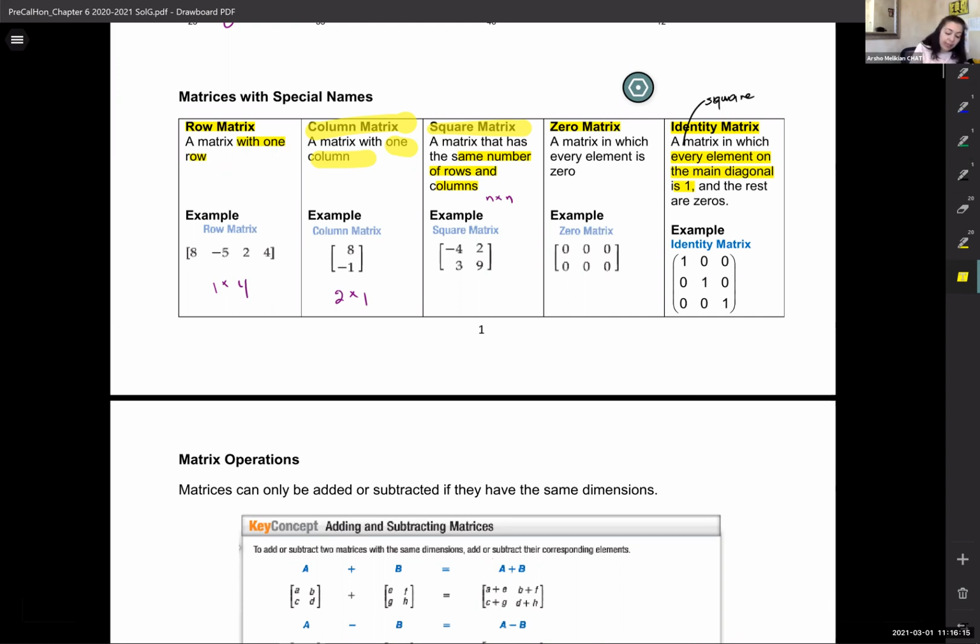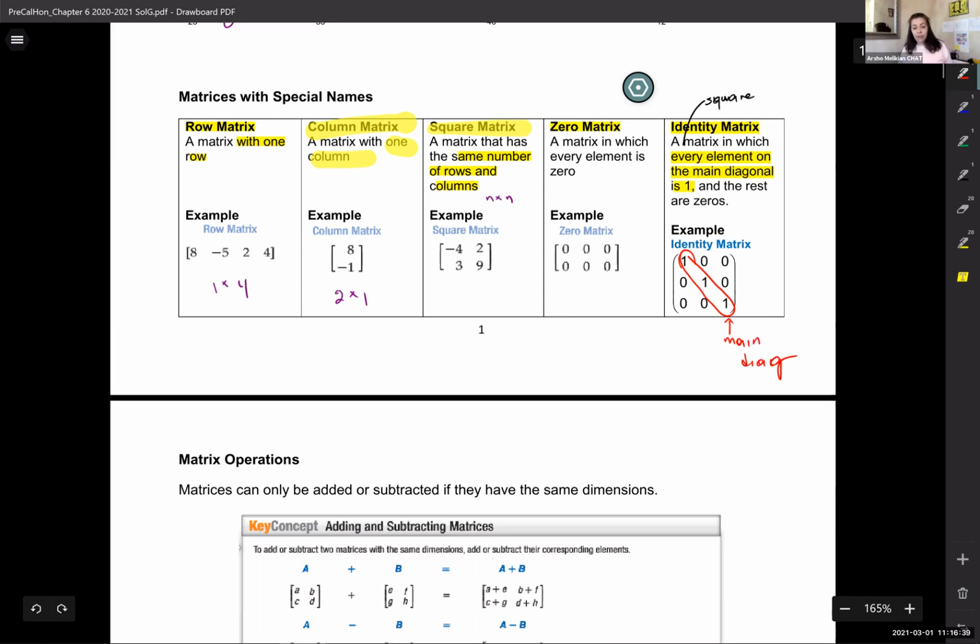So what the heck is the main diagonal? Well, take a look at this 3 by 3 matrix. This is the entry in position row 1, column 1. That's the initial entry. If you follow that diagonal down, that is the main diagonal.